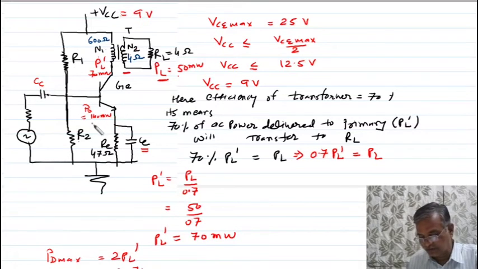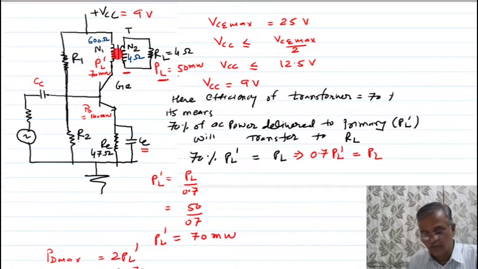Quiescent condition means when the AC signal is not applied, the DC power dissipated in the transistor is only 140 milliwatt. If the transistor you are connecting is short circuited, this power will be dissipated here, so the transformer should bear at least this much power. That's why the power rating of a transformer should be more than PD max.